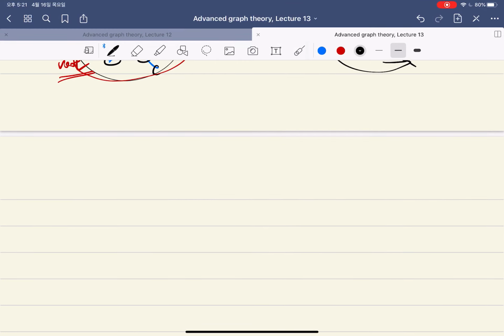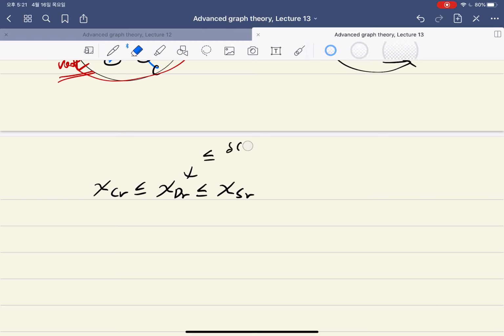So we know this holds. And then we just show that this is at most... So we know that this inequality holds.